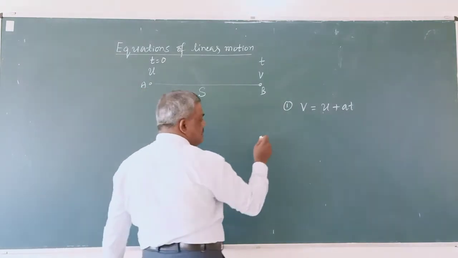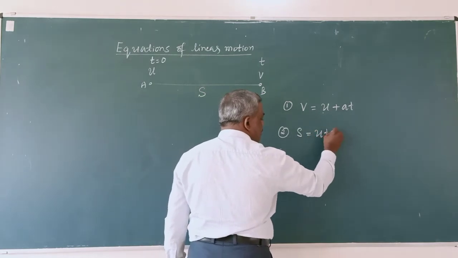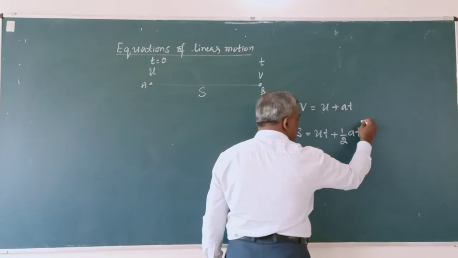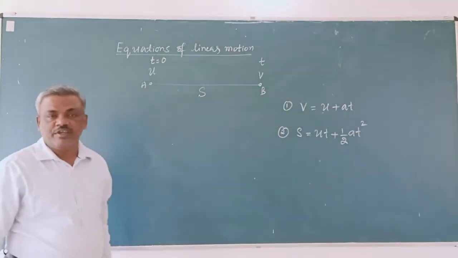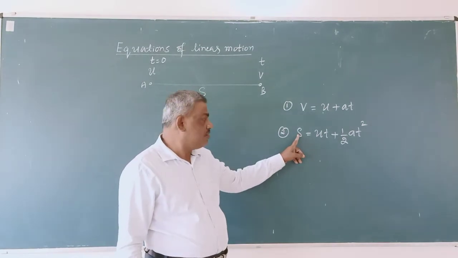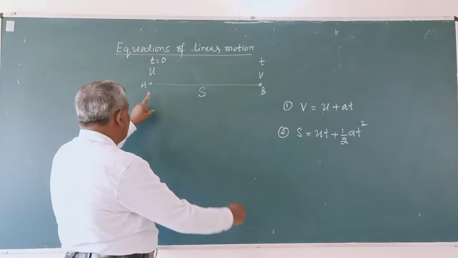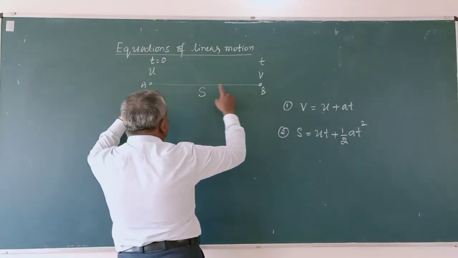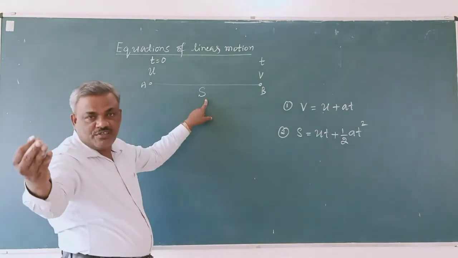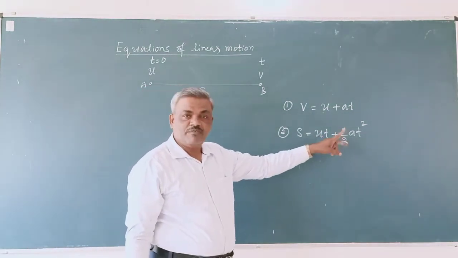One more equation, the second equation: S equals u t plus half a t square. This is the second equation of linear motion, where S is the displacement or distance traveled from A to B.